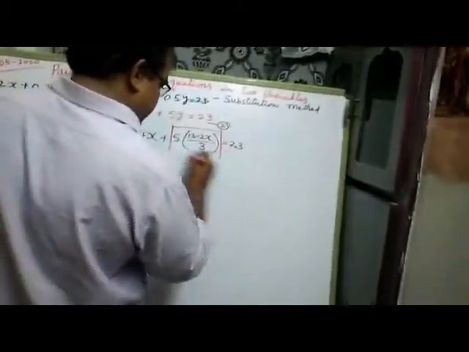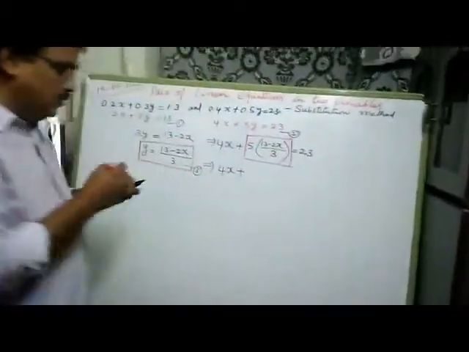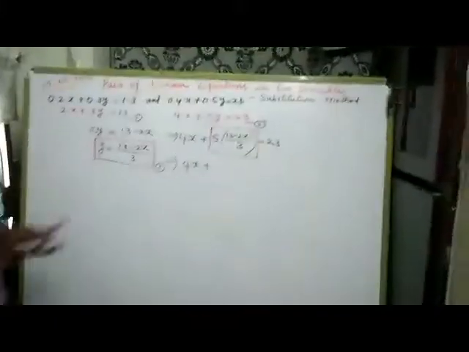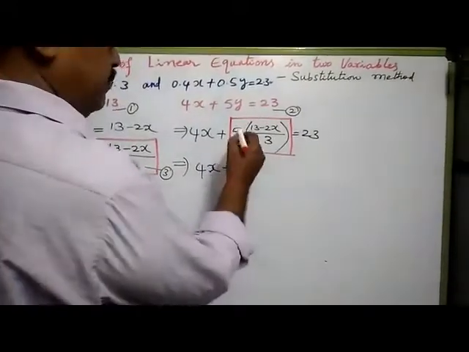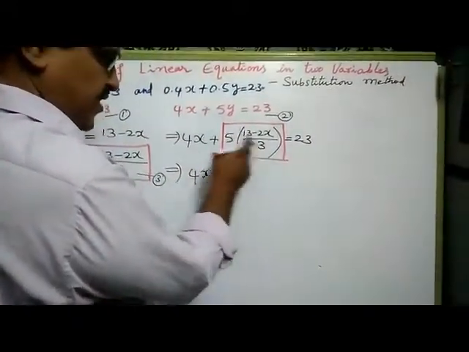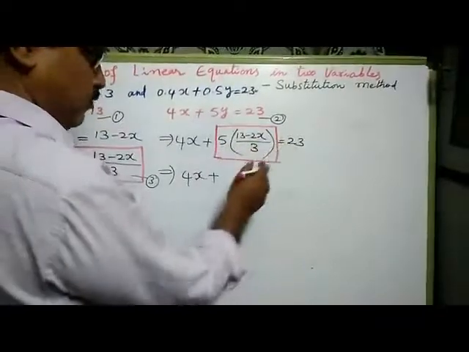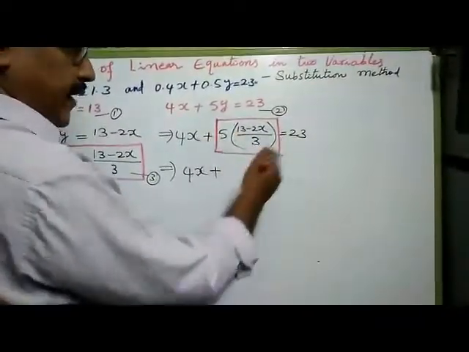This part simplification you have to do. Simplify this one, no cancellation. It is here 5, here 3. Multiply like fractions.